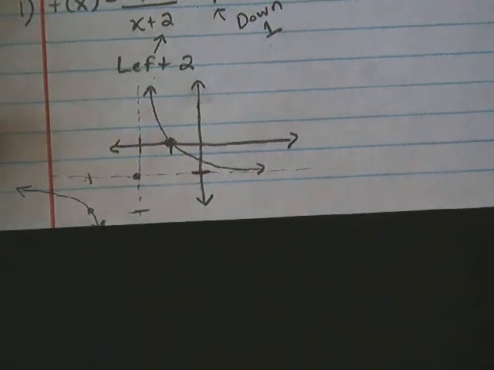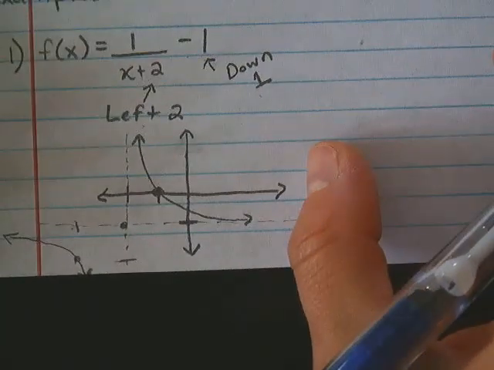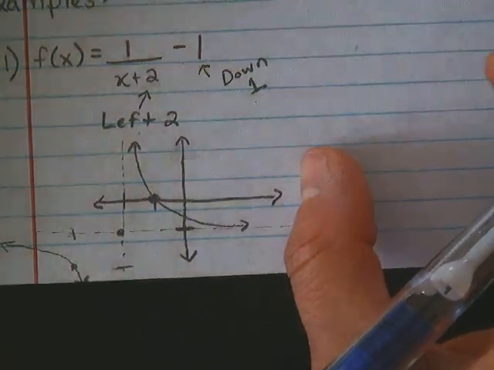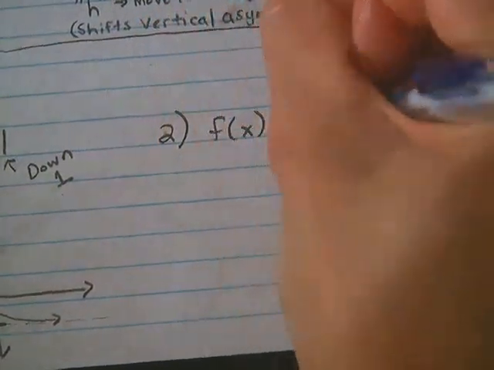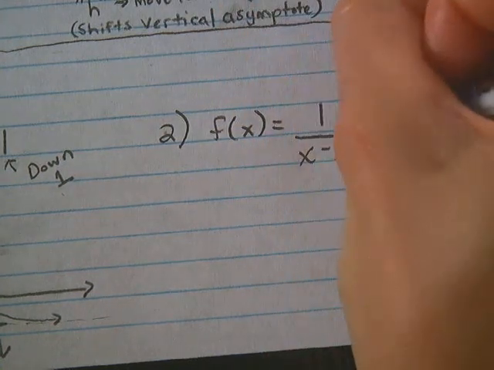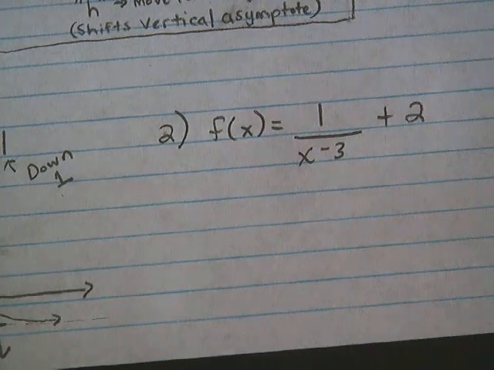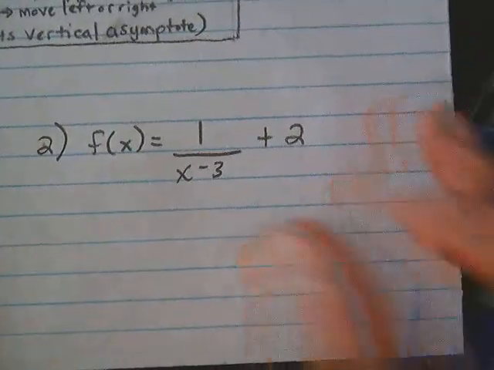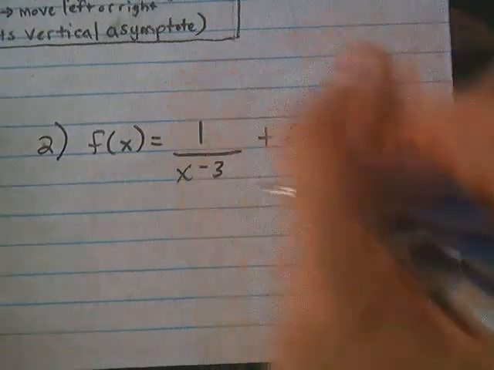Okay, so all right, let's do another one since I ran off my paper there, and that way you can see another one. Let's say this time we have f of x equals 1 over x minus 3 plus 2. All right, so figure out what's going on.